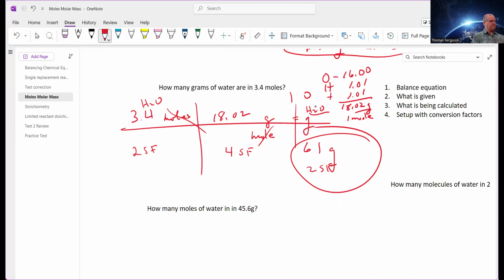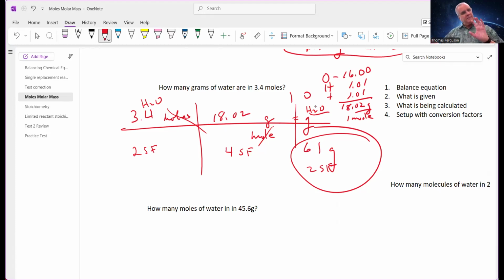You can put H2O in, and that could be clearer, actually. Okay. Does this make sense? This should be very, very familiar based on unit 1.